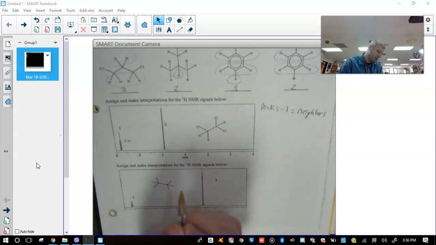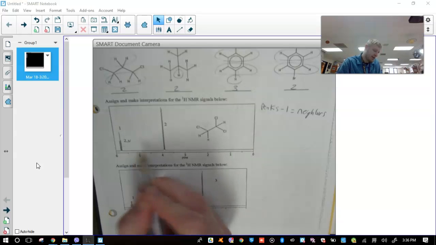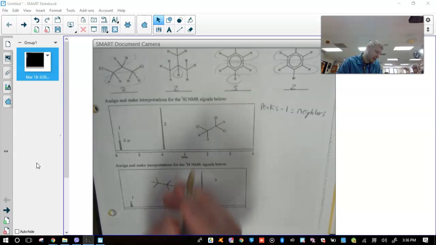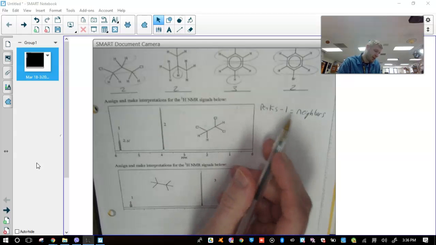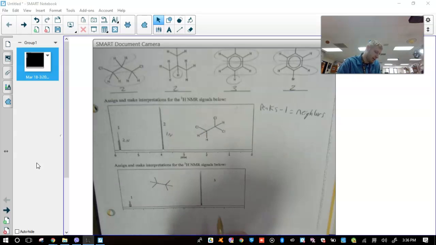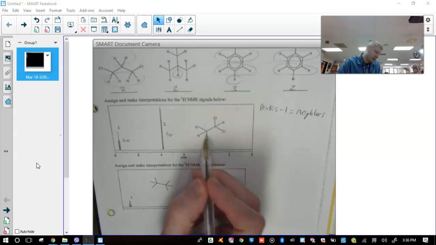So I'm going to write 2 neighbors. And each of these peaks are going to represent these different hydrogens in this molecule. So here we got 2 peaks minus 1 equals 1 neighbor. So now we've got to determine, is this peak 1 or is this peak 1? So these 2 hydrogens here have 1 hydrogen neighbor.